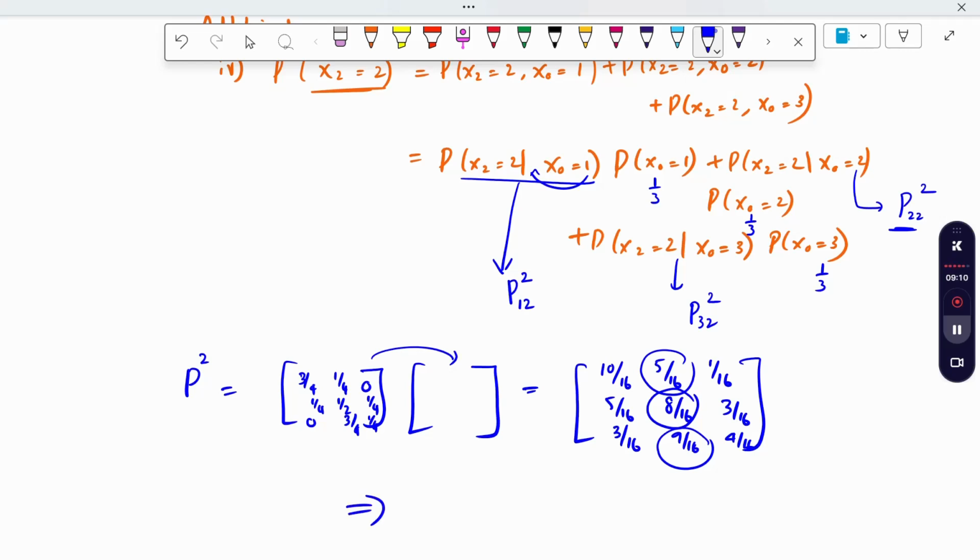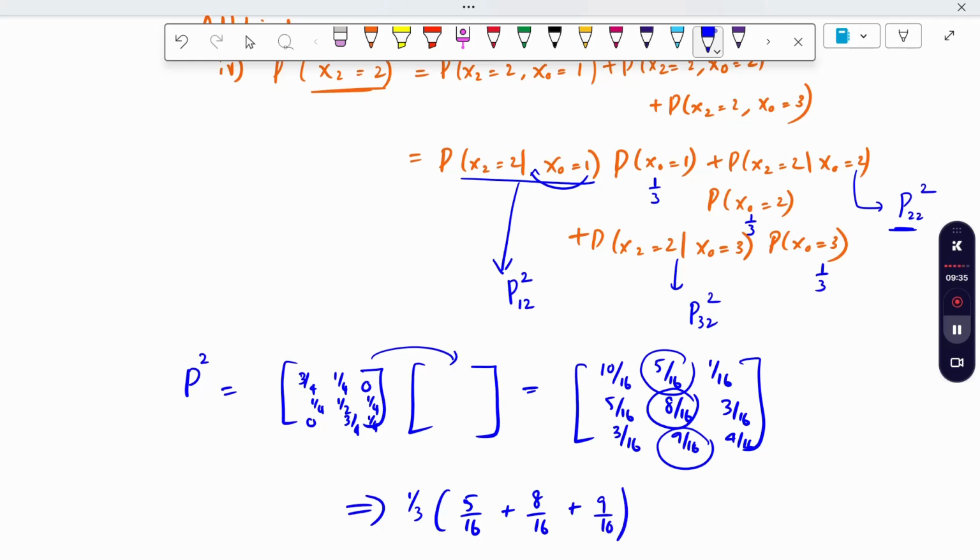So my total answer will be, everything is 1 by 3, so you can take it outside or multiply with the 1 by 3. I will take it outside. What are all the answers I have to multiply by 1 by 3, 1 by 3, so commonly taken outside. So 5 by 16 plus 8 by 16 plus 9 by 16.